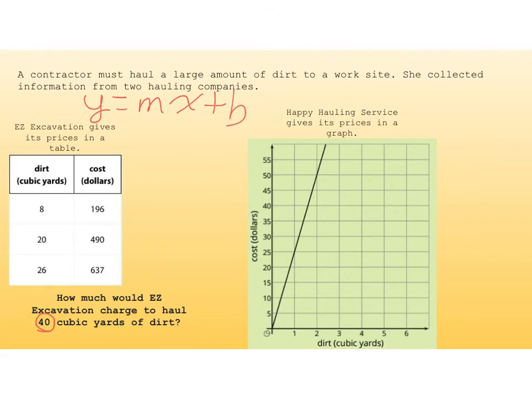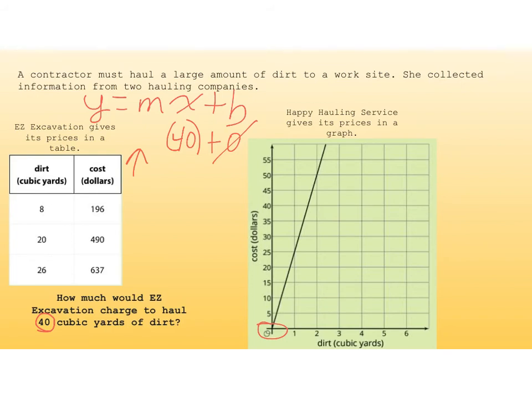So right here, I'm going to give you guys a huge hint. This is the X we're going to plug in here. You find the slope, the rate of change here. This 40 is going to drop right in there. And our rate of change, well, if there's no dirt, there's no cost. So we don't have to worry about that. Okay. There is going to be no y-intercept. The same over here. There is, and it's at 0. Okay.